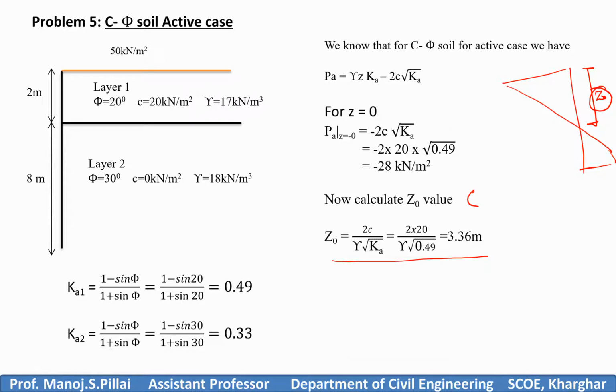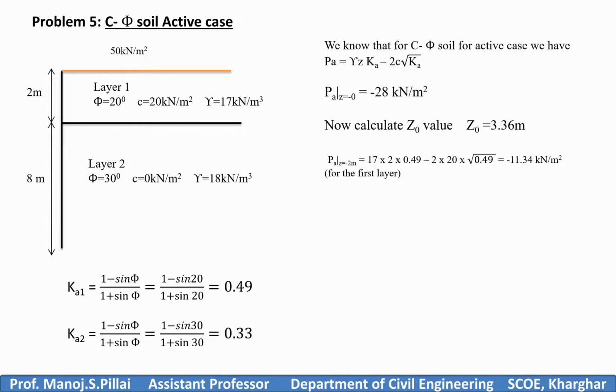This depth is basically where your pressure is equal to 0. Remember this. Now we are going for this layer. First layer we have got as minus 28. So the first value I am getting is minus 28.